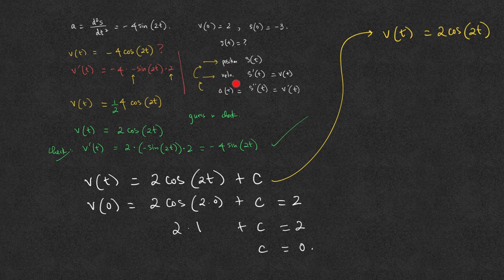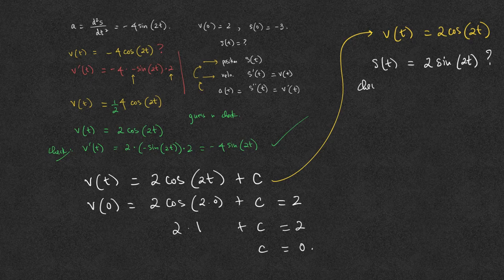Now that we have the velocity, we need to go back one more step to get the position. We make another guess here. We guess that the position s of t is 2 sine of 2t perhaps, but again, this is not a done deal.